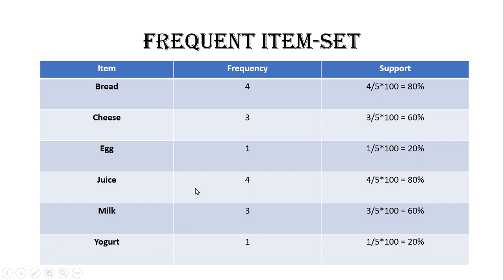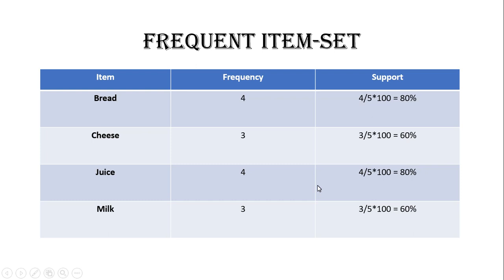So these will be deleted because their support, 20%, is lesser than 50%. So they will be deleted from the table. In the next table we have bread, cheese, juice and milk only.